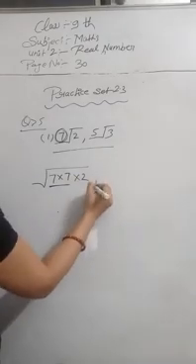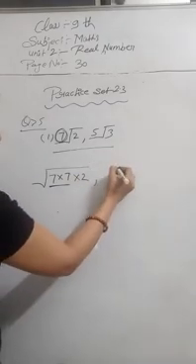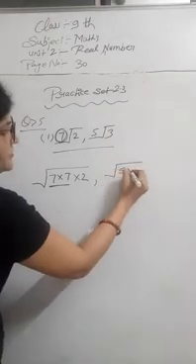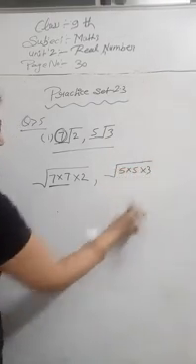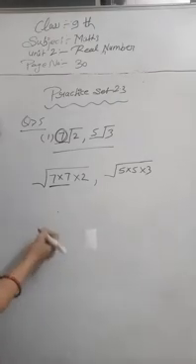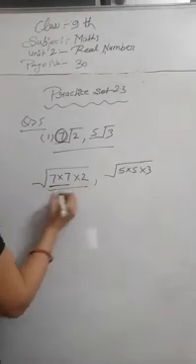Clear? Now here is 5 multiply 5 multiply 3. Clear? Okay, now we will multiply these numbers.